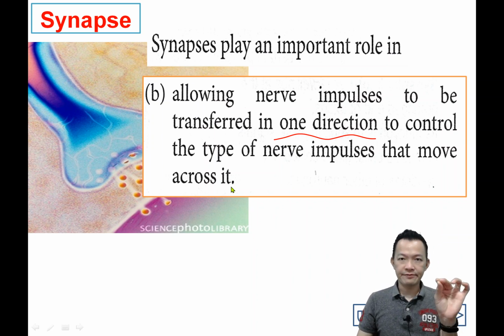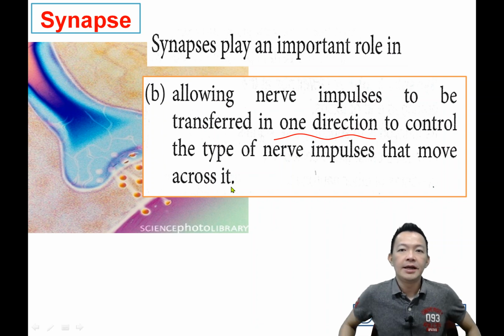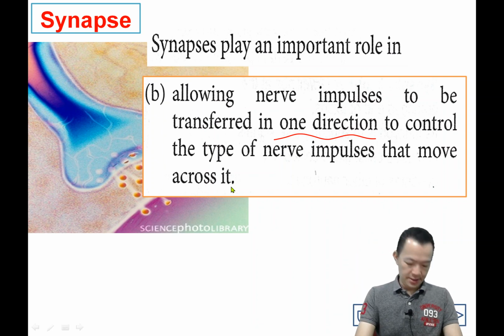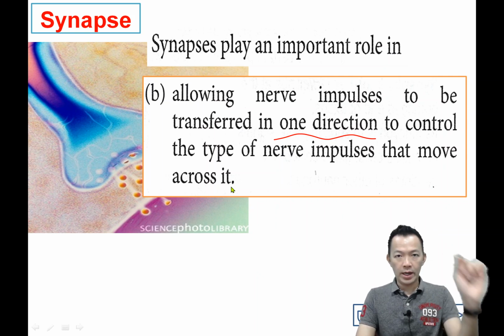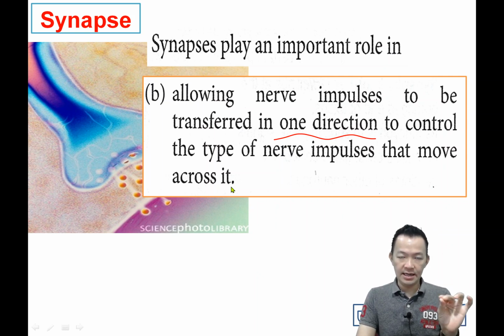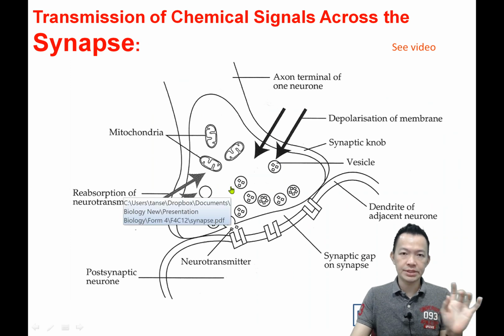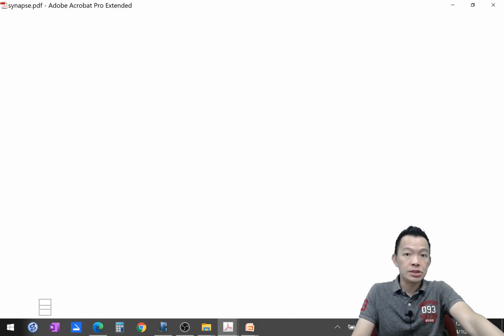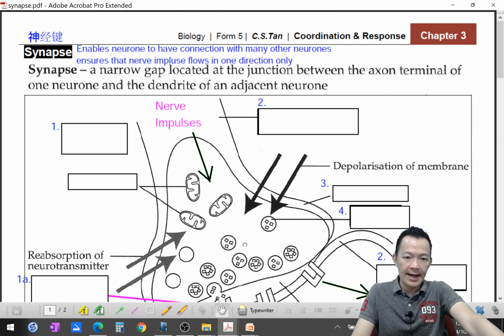But how is the transmission of the impulses? 它的神经讯息的传送到底是怎样的呢？Okay, it looks quite difficult, 有一点看起来难呢，but don't worry 啦，不是很难就对了。So, transmission of chemical signal across the synapse.